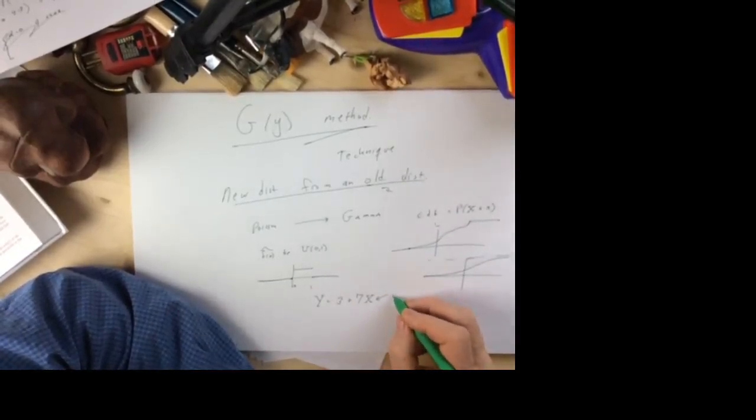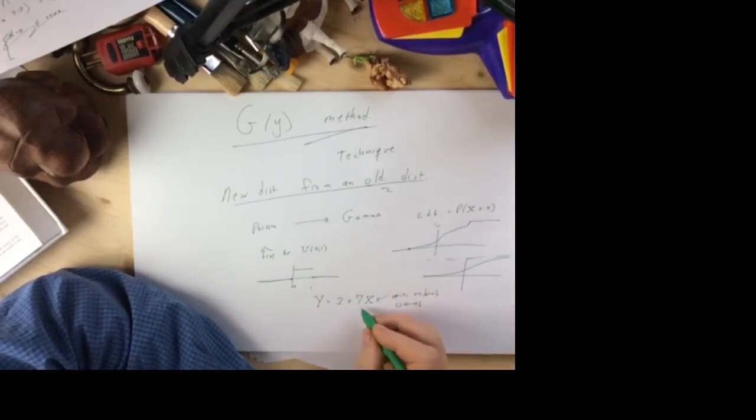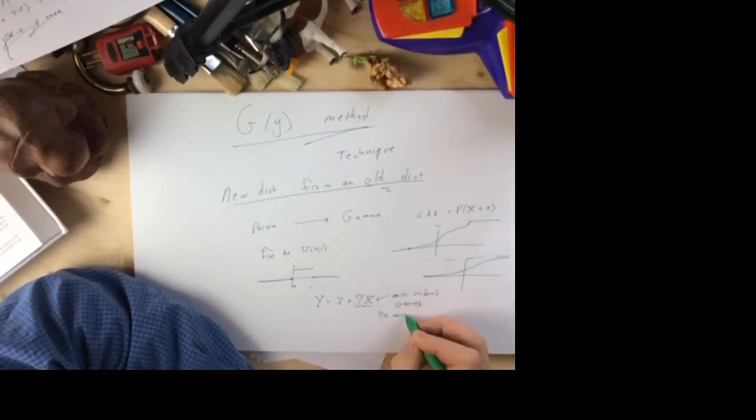Now, I can philosophically argue this pretty simply. We know that x varies uniformly from 0 up to 1. So that means I'm pretty certain that 7x varies uniformly from 0 up to 7.